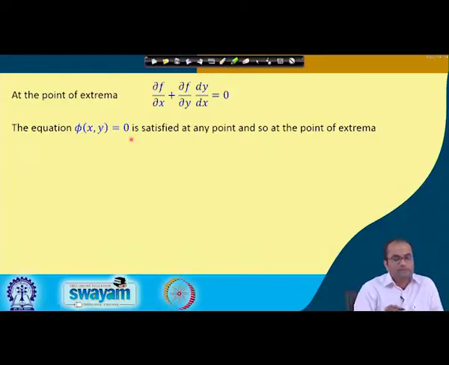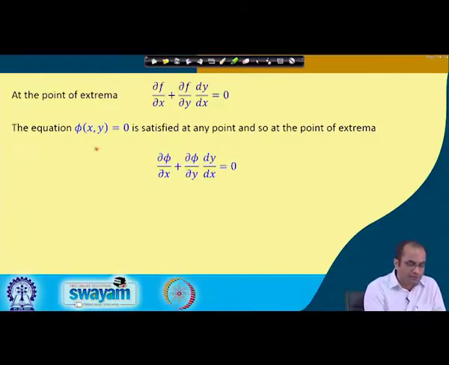And then we have the constraint that phi(x, y) must be 0. Whatever the point of extrema is, this condition has to be satisfied, because it is given in the problem that the relation between x and y must be satisfied. So this equation must be satisfied at any point, naturally at the point of extrema as well.